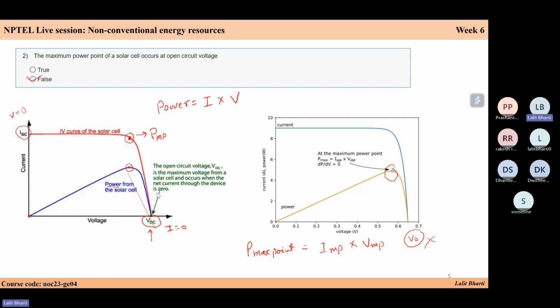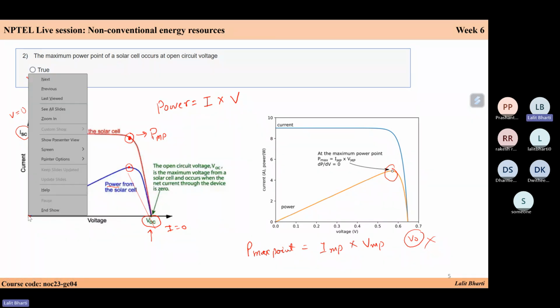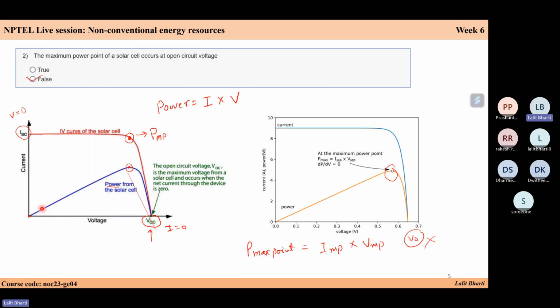So in the case where you do not attach a load, or you can say that net current flow is zero. When your current is zero, you read off the voltage, and you will get VOC.